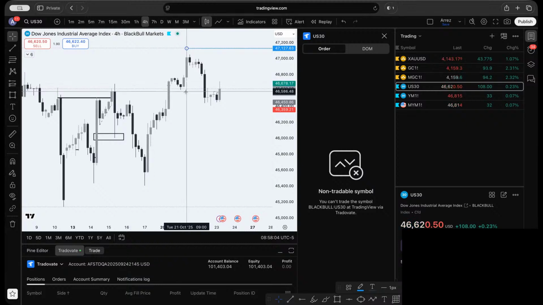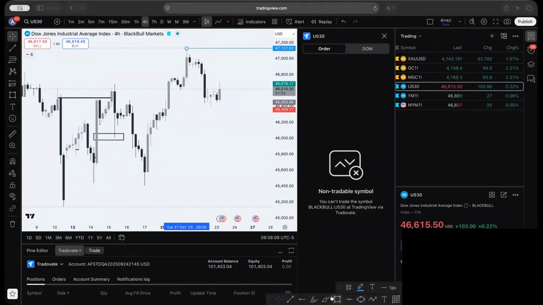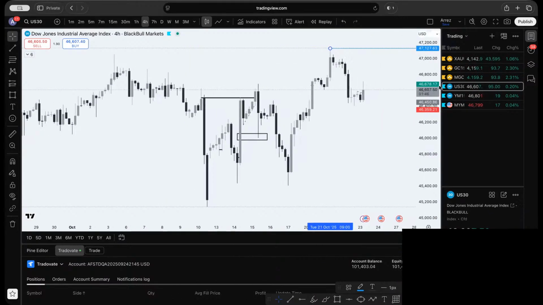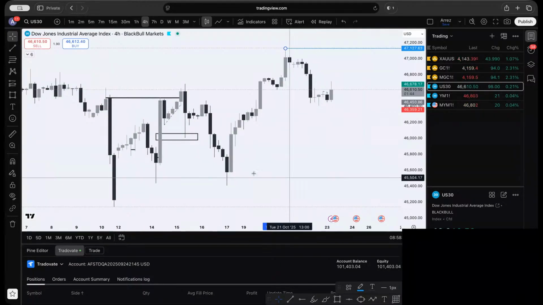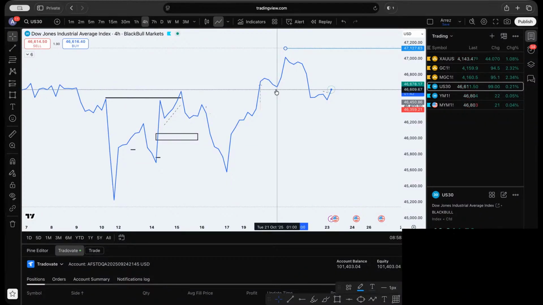From here, price has been pushing up, and what we can see is that we have a retracement that broke past this low right here.